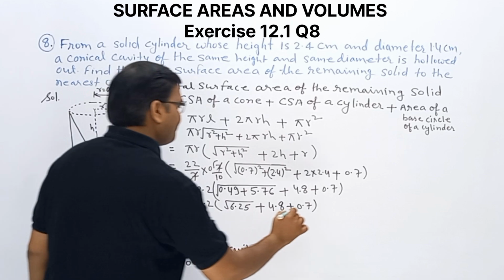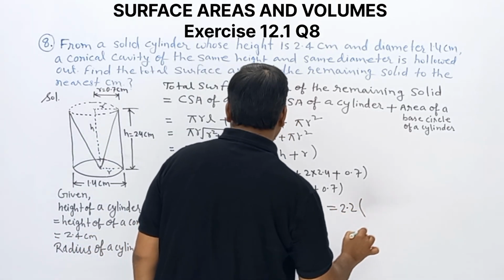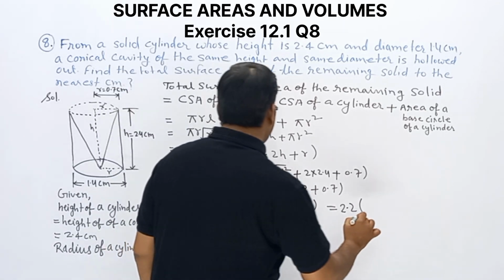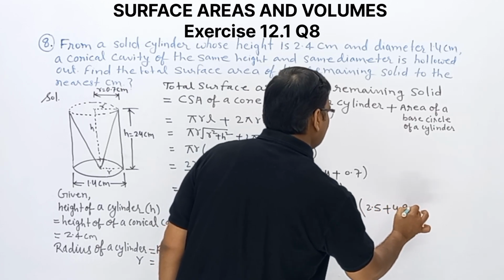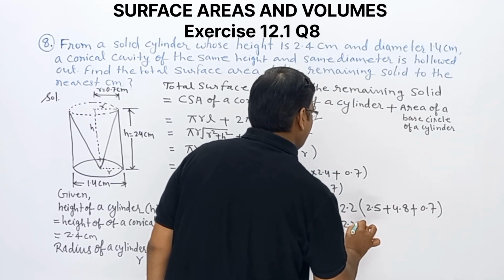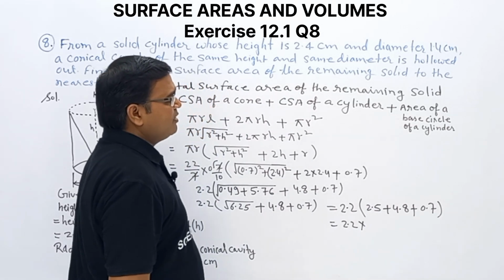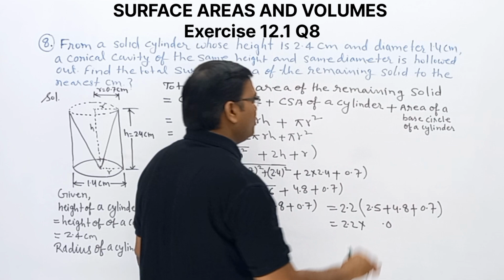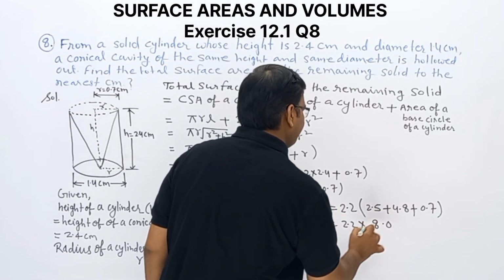What are we getting? Observe, I am writing this on the side. 2.2 into square root of 6.25, which will be 2.5. 2.5 plus 4.8 plus 0.7. 2.2 into, 7 plus 8 is 15, 15 plus 5 is 20, 2 is remaining. 4 plus 2 is 6, 6 plus 2 is 8.